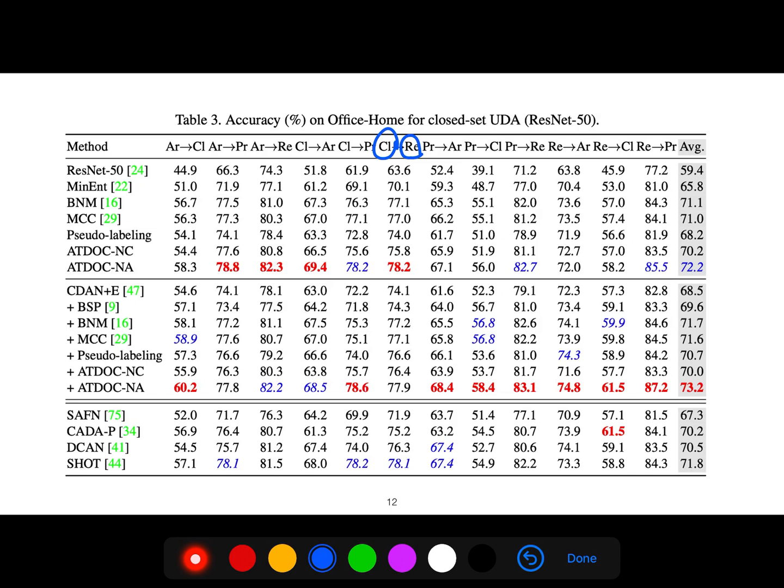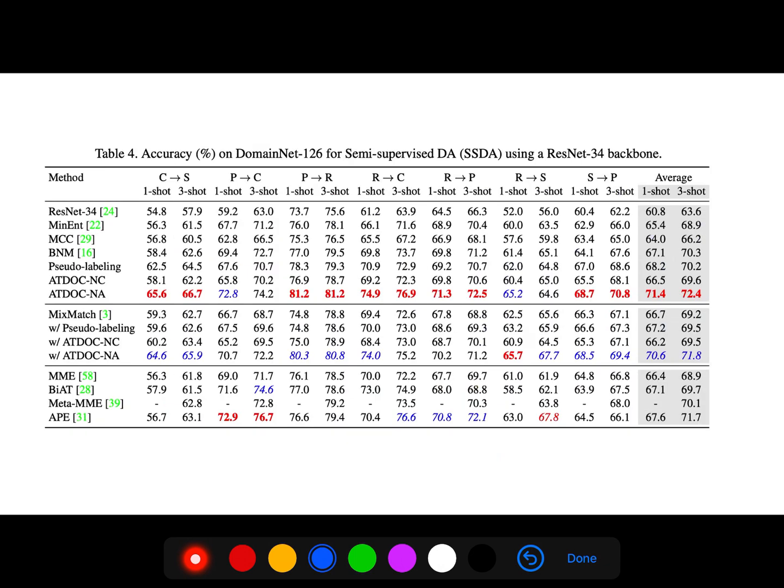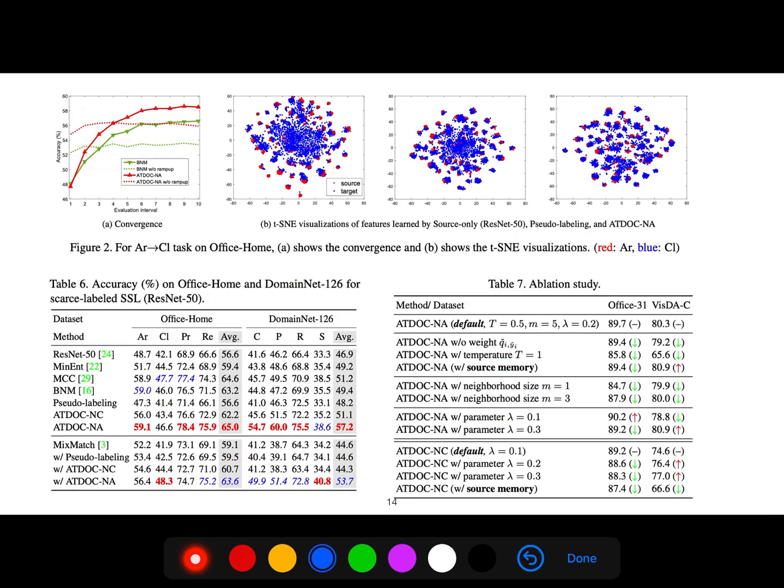For example, the worst case is 58 here, and the worst case here is 60, and here the worst case is from this source domain to this target domain, and also other methods that you can see. And they did an ablation study, but we always do visualization, with the t-SNE algorithm for visualization.